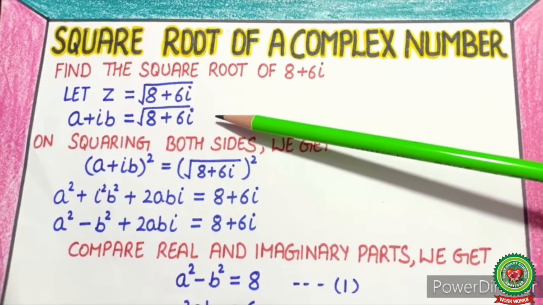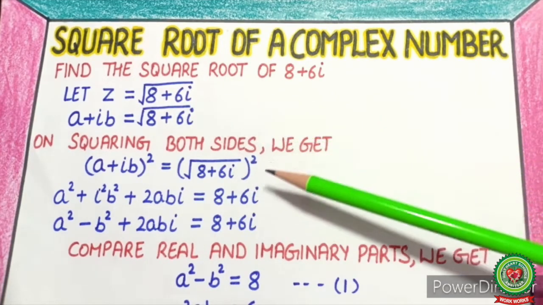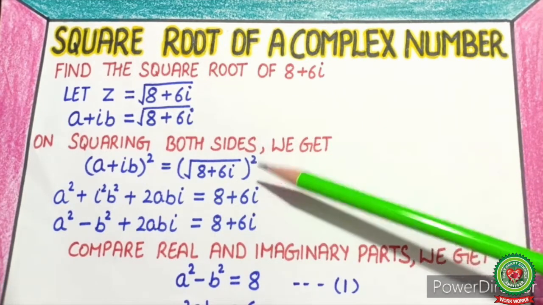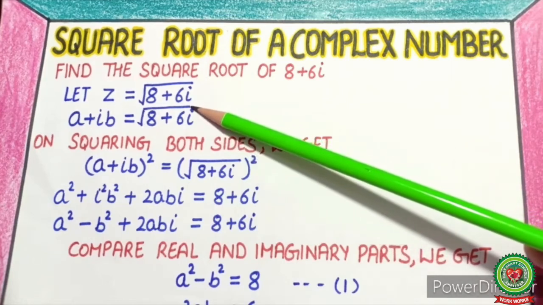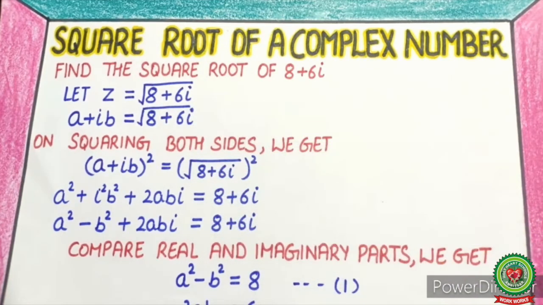Now our next step is squaring both sides to remove the square root symbol. So on squaring, a plus iota b whole square is equal to square root of 8 plus 6 iota whole square.